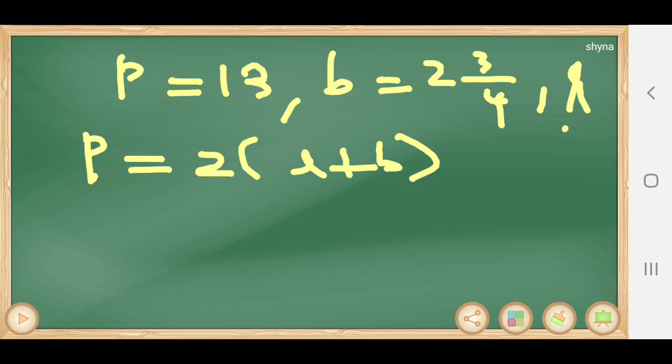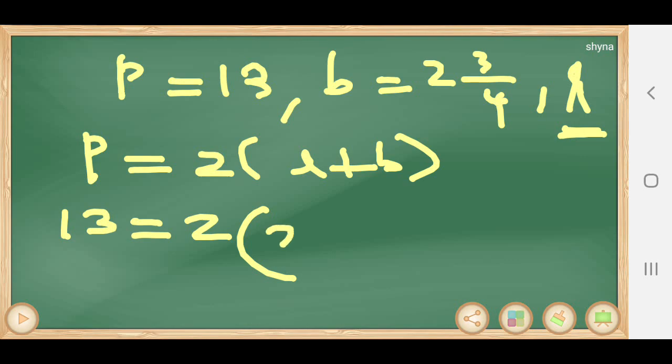We have to find out the length L. So, perimeter 13 equal to 2 into L, and L is also a variable, because we are trying to form a linear equation. Otherwise, you can use x, no problem. Let x be the length. So, instead of L, you can write x plus breadth 2 3 by 4.